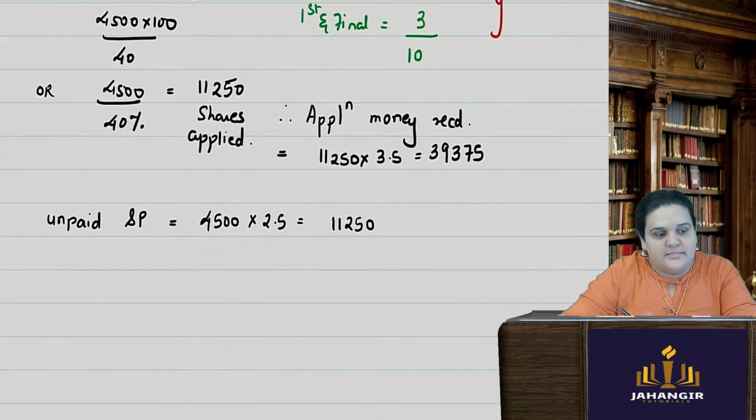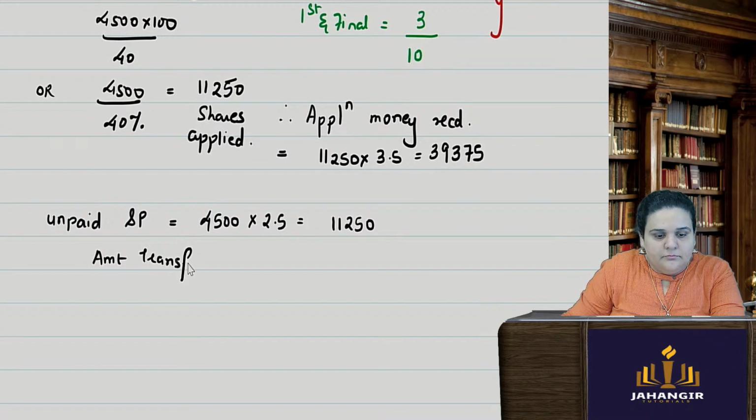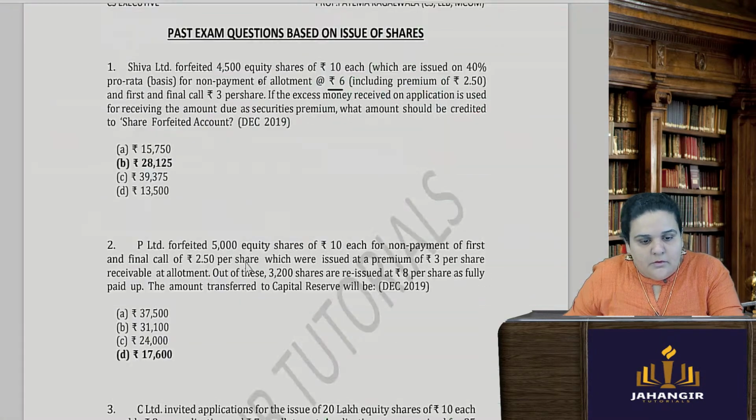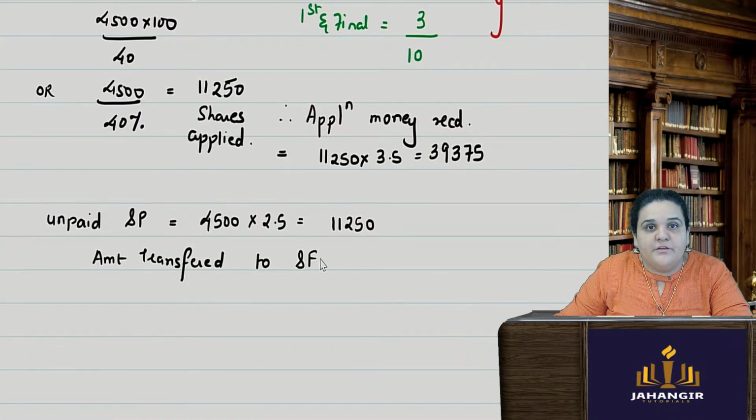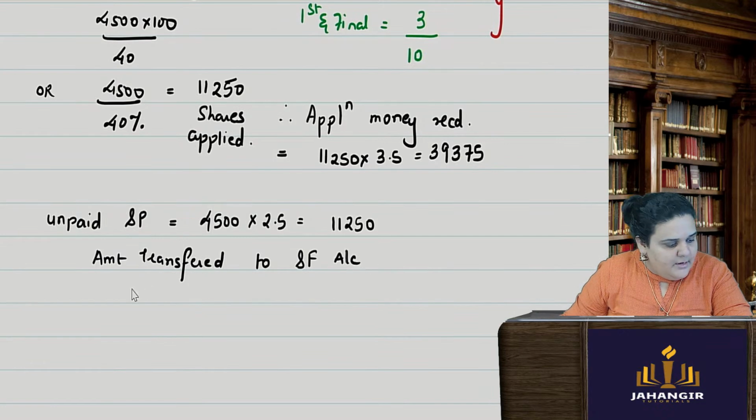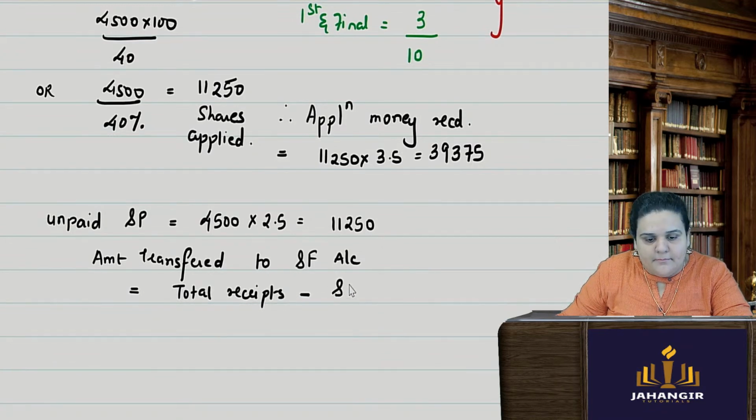They want to adjust this. So the amount transferred to the share forfeiture account will be equal to the total of the receipts minus the securities premium adjustment.